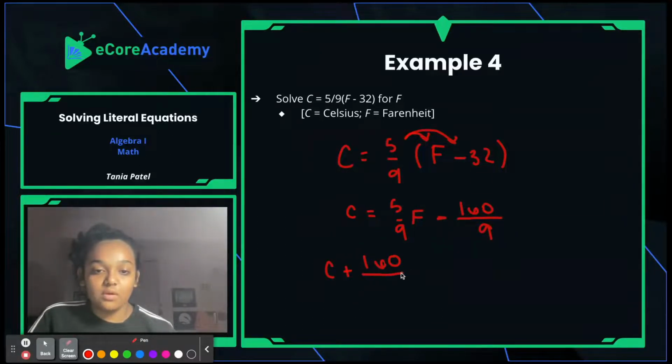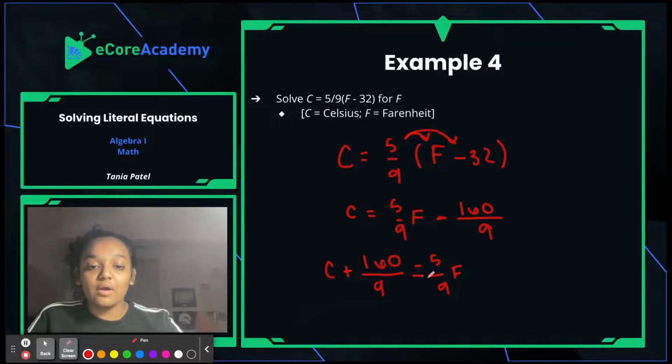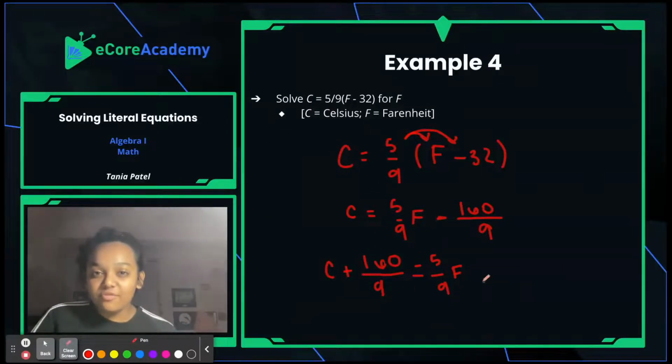And now that we have our f values on the right side, our last step is to get rid of this and actually completely isolate the f. The way we do that is to use our inverse operation rules, and since we're multiplying f by 5/9, we have to divide both sides by 9 over 5.